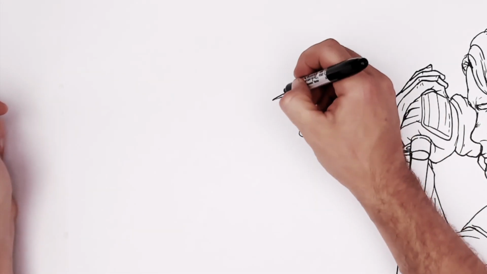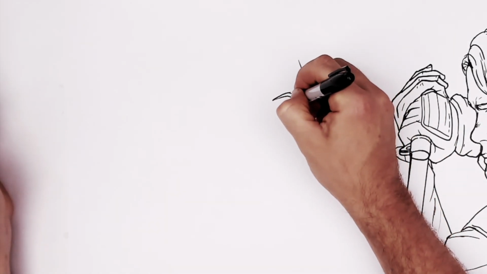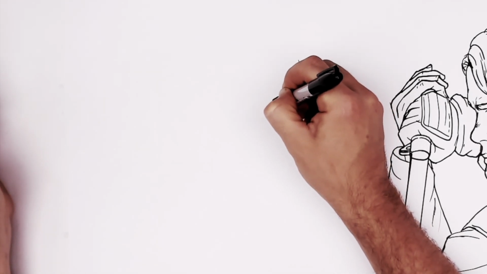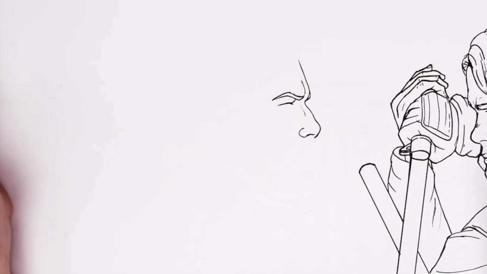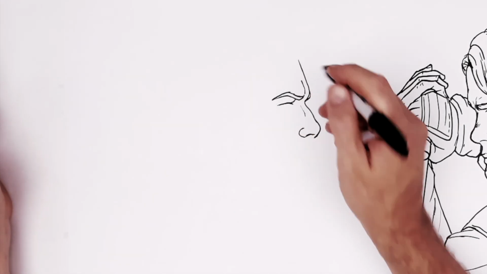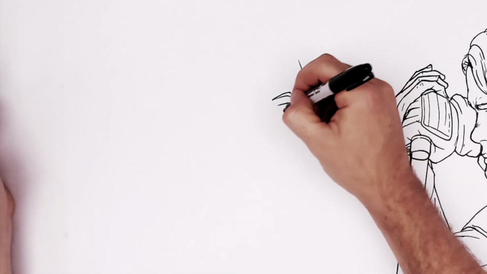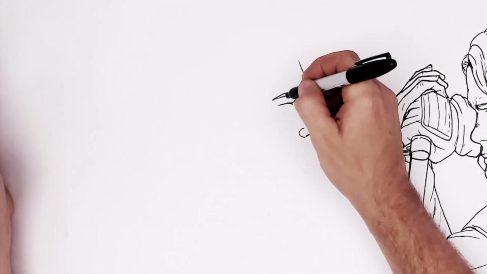Okay, so his eyelid here. So eyelashes there, and the eyelid goes up. And then his iris again. We're just going to go with a skinny circle. Just looking at Annie, maybe looking at his saber even.